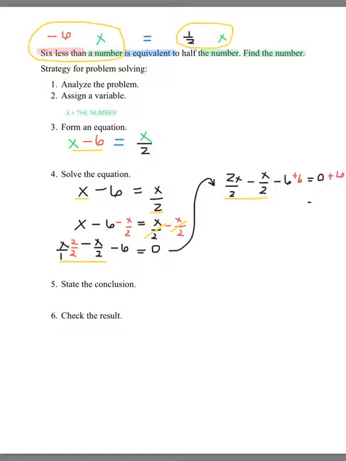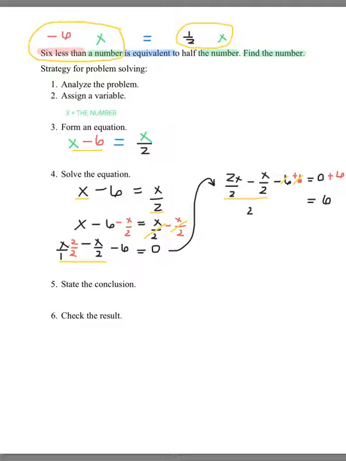So what's that going to give us? It's going to give us a 6 on the right. And then on the left, the minus 6 and the plus 6 simplify out. So all we really have to do is combine these two variables. So now we have a 2x over 2 minus an x over 2. Since they have the same denominator, we could combine the numerators.